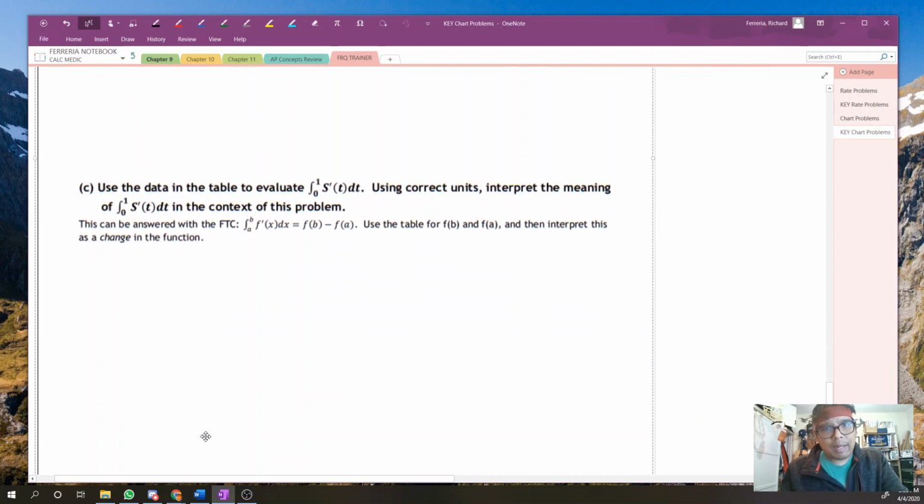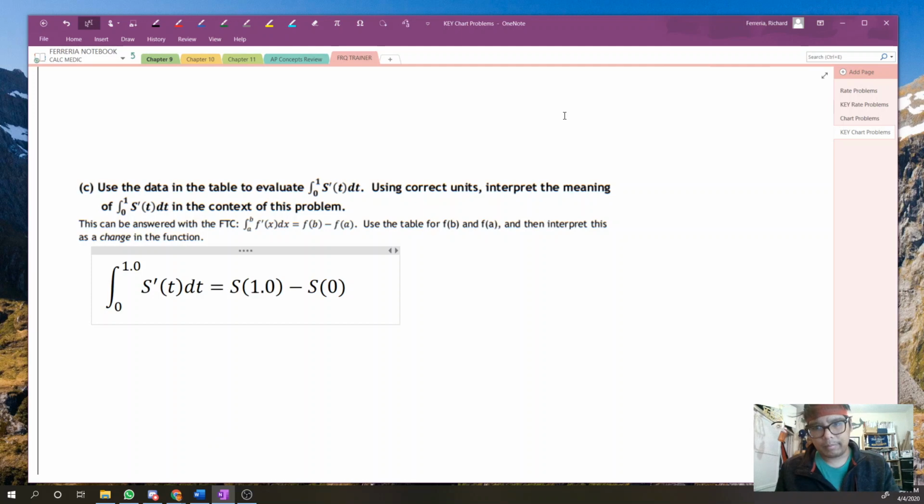Use the data to evaluate the integral of s prime. And guess what? This is a fundamental theorem question. What happens when you integrate s prime? The antiderivative of s prime is s, so you just get a change in s. Doesn't that look like the fundamental theorem of calculus to you?